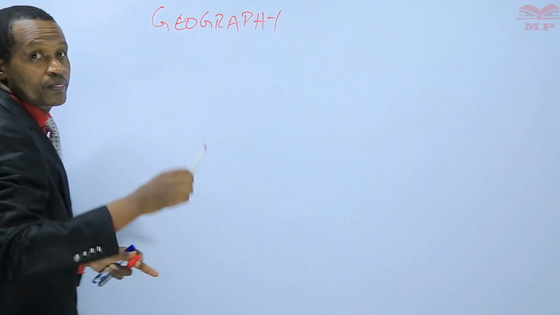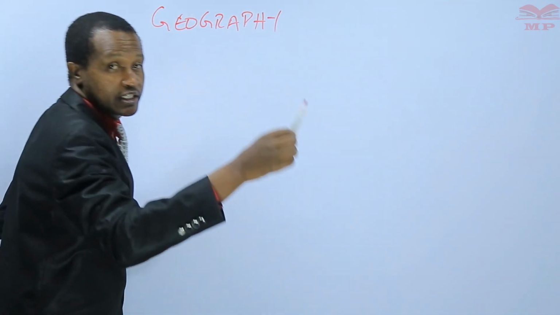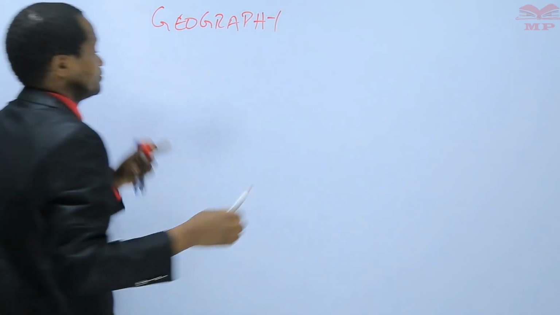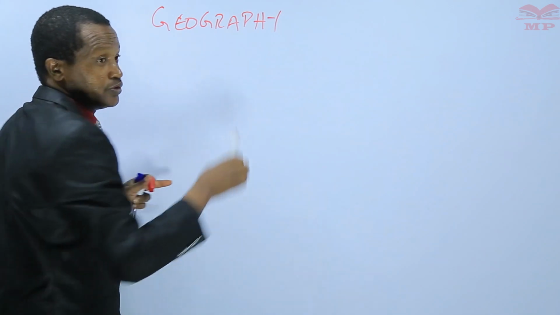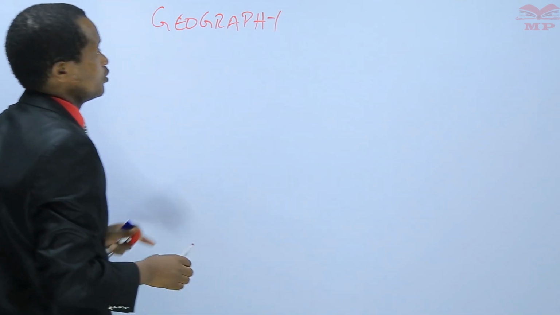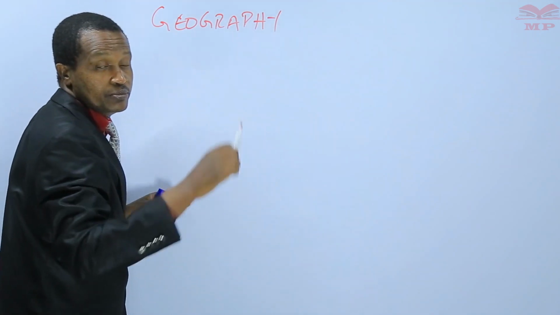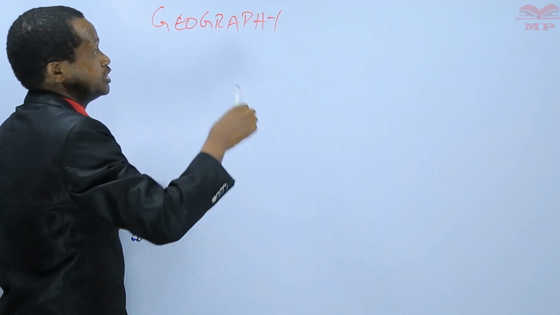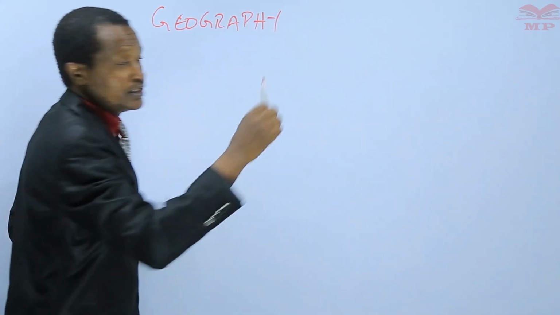Geo stands for earth and graphy means to write or to describe. So these are two words that are borrowed from the Greek language. Geo meaning earth, graphy meaning to describe. So geography means to describe the earth, to write about the earth.